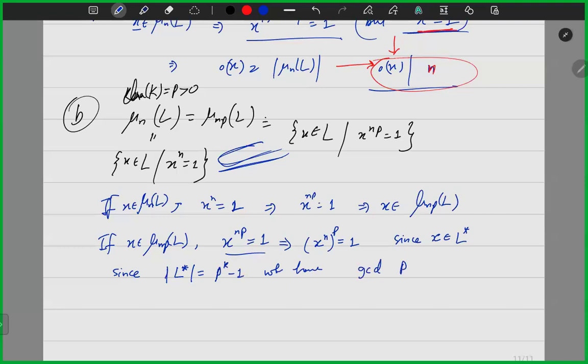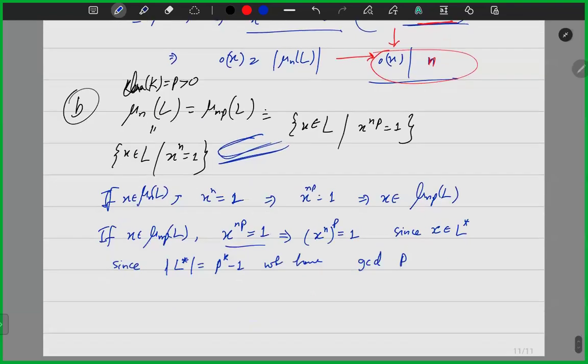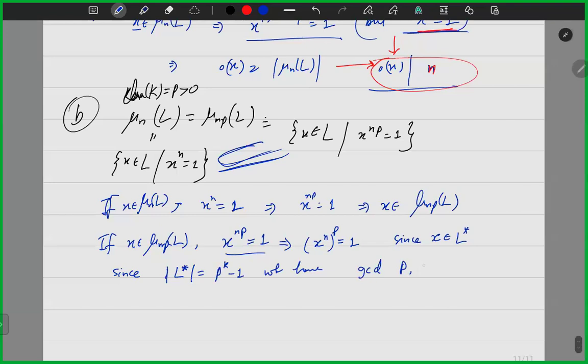So we have the GCD of p and the order of L* equal to 1. This implies there exist t, s in the integers such that pt plus s times the order of L* is equal to 1.